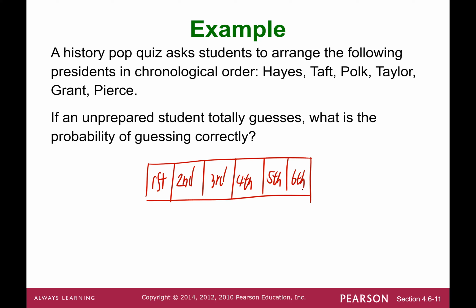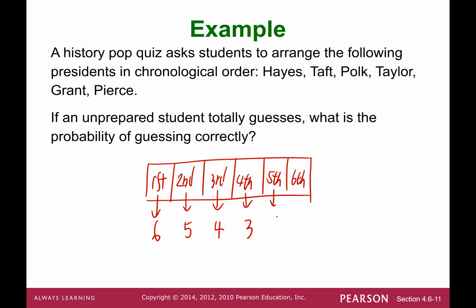Okay. So let's say just randomly guessing for the first spot, we have 6 presidents available, so 6 options. And since we picked one already, by the time we get to the second one, only 5 presidents remain, 5 options available. Same thing by the time we get to the third one, 4 options available. Fourth one, 3 options.